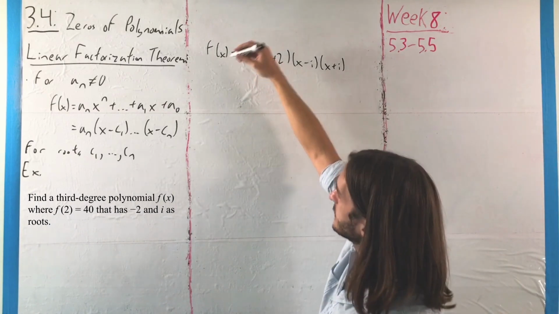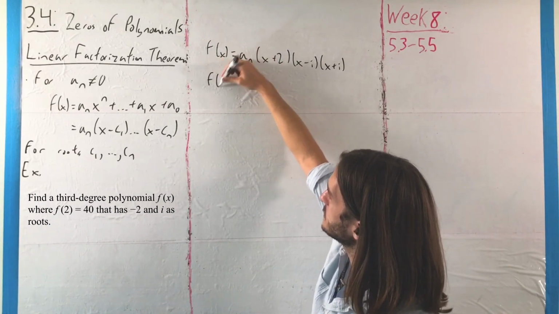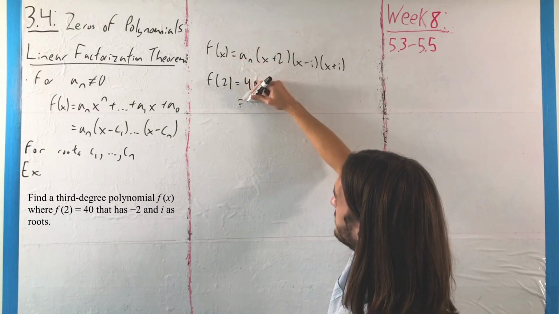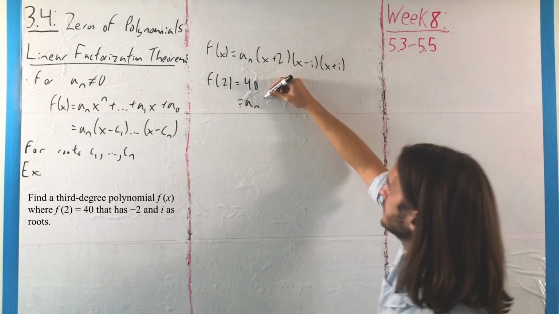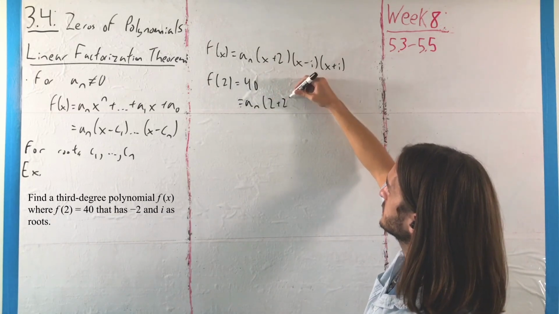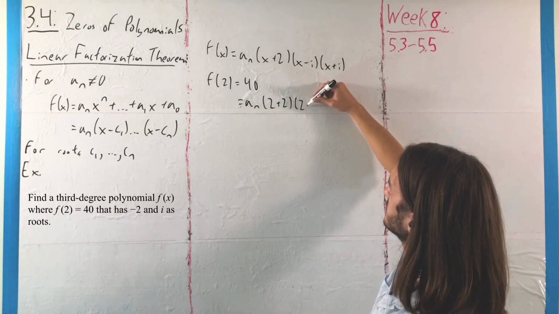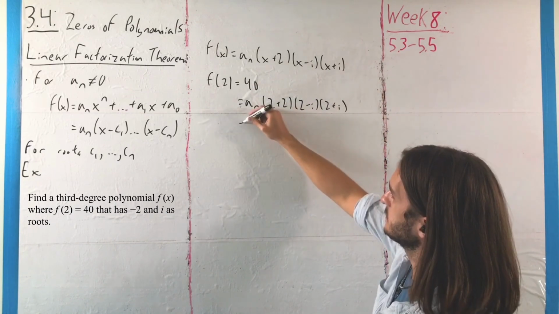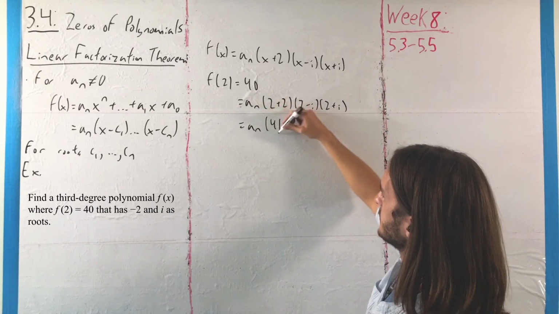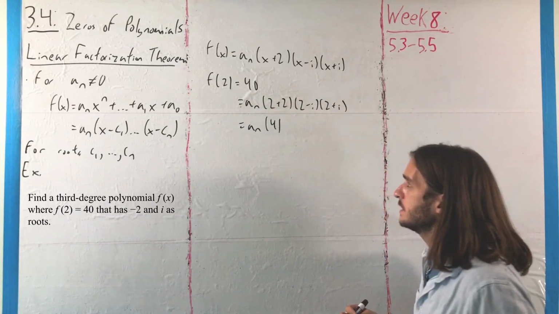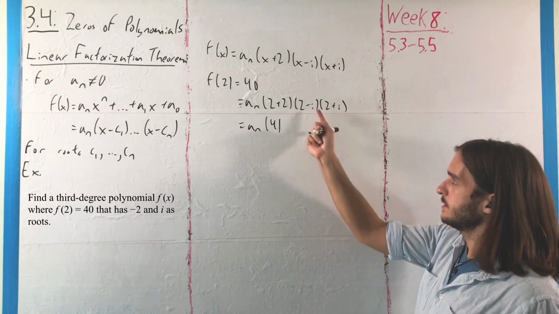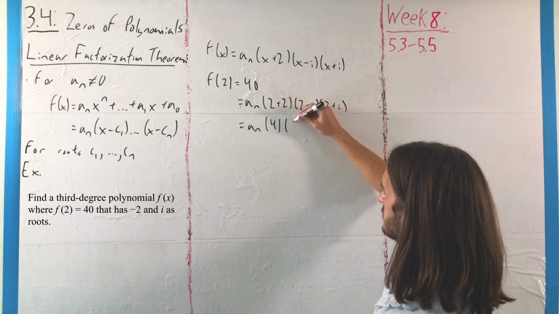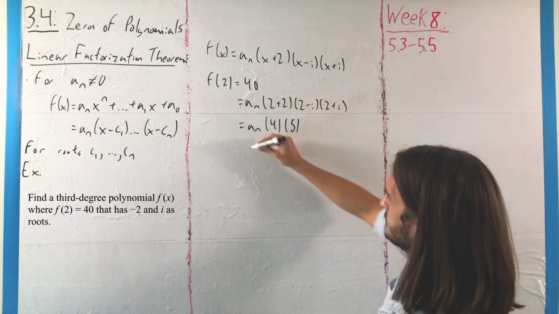To find an, what we can do is use that condition that f of 2 is equal to 40, where we would have that is also equal to an times 2 plus 2 times 2 minus i and 2 plus i, which ends up being an times 4, and because these are conjugates, you would end up with 2 squared plus i squared, which is 5.